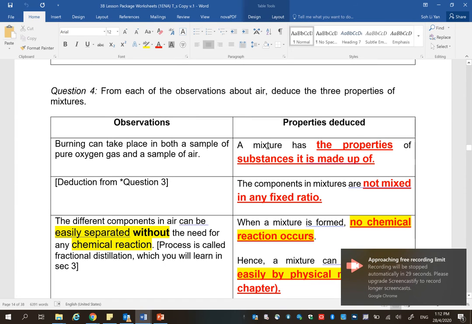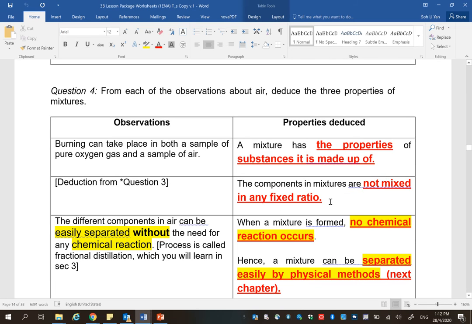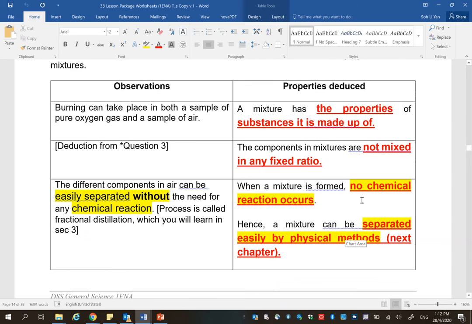So air has the properties of the substances it is made out of, and the components are not in any fixed ratio. As mentioned, air from different samples has different proportions. When a mixture is formed, no chemical reaction will take place and the components can be easily separated by physical methods, which we will learn more about in the next chapter.